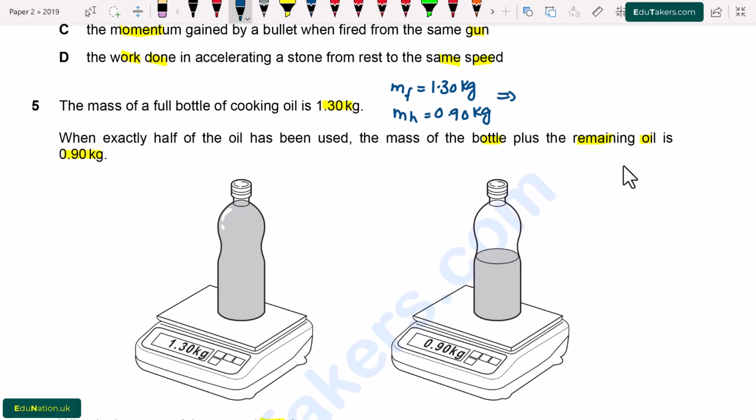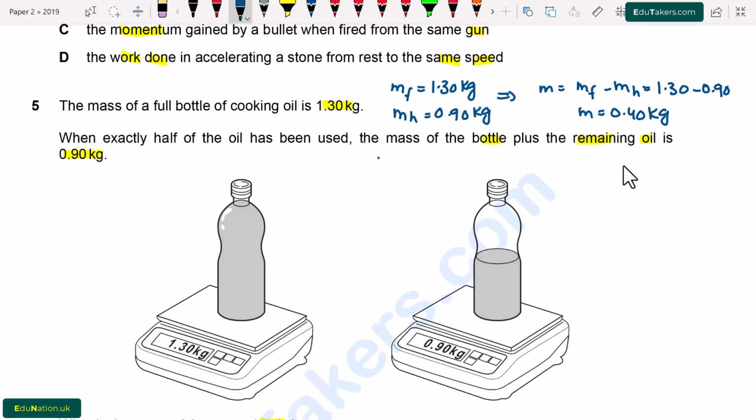So from here, the remaining mass will be equal to 1.30 minus 0.90, which is 0.40 kilograms. But we have to find the mass of the empty bottle.